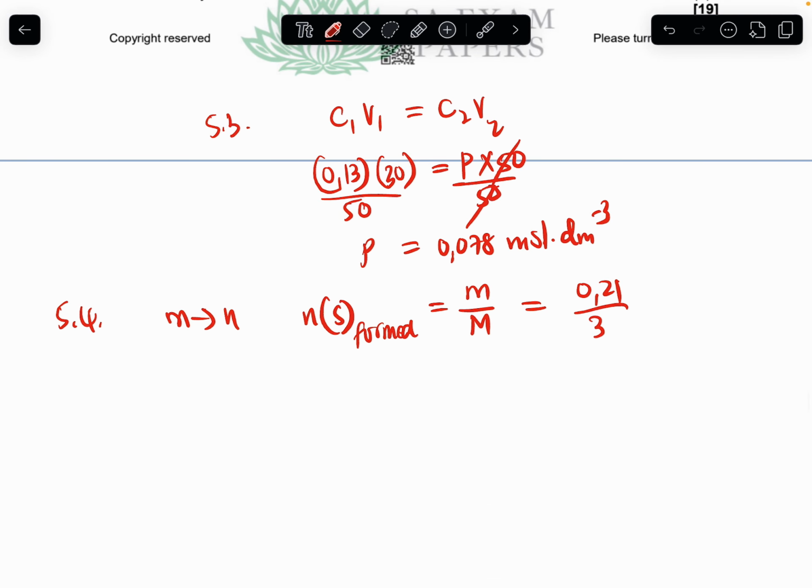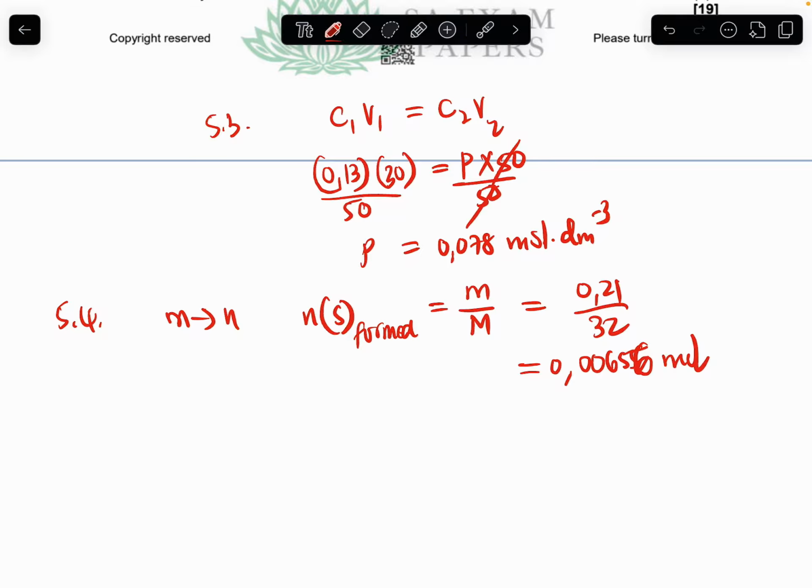The mass of the sulfur is 32. And then the answer will be 0.00656 mole, right?